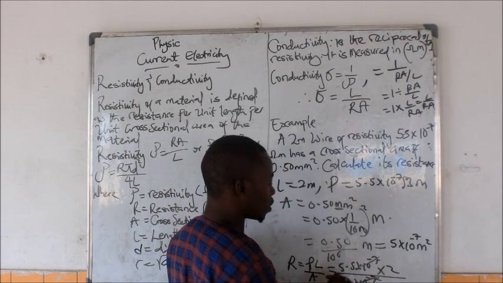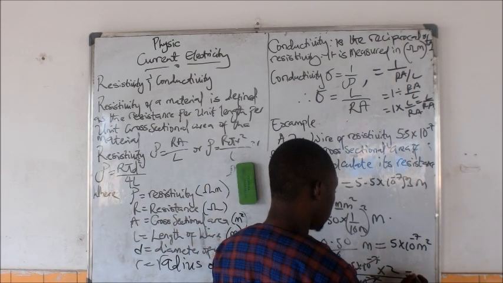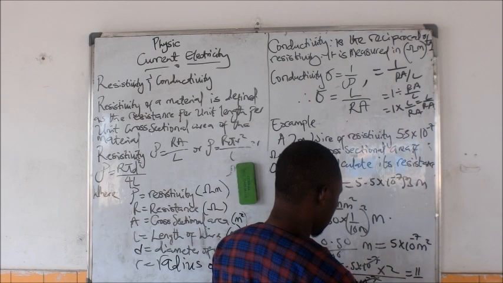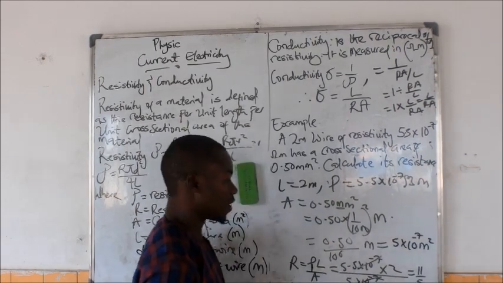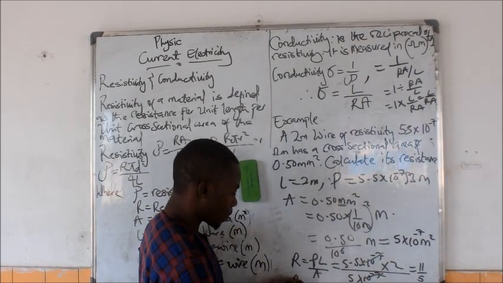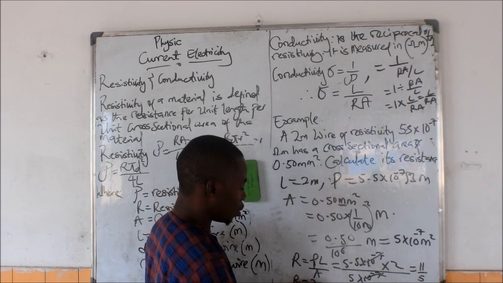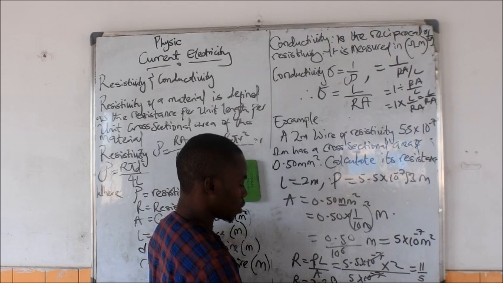This 10 to the power minus 7 cancels this 10 to the power minus 7. You have 5.5 times 2, which is 11, divided by 5. Press 11 divided by 5 in your calculator and it will give you 2.20.